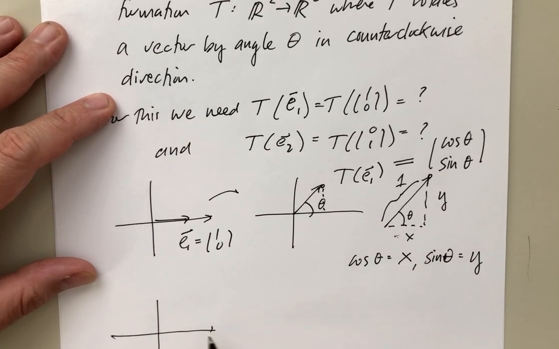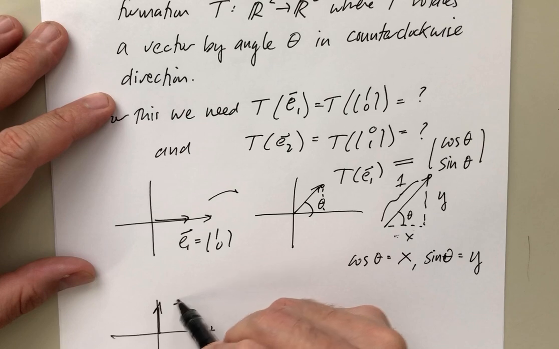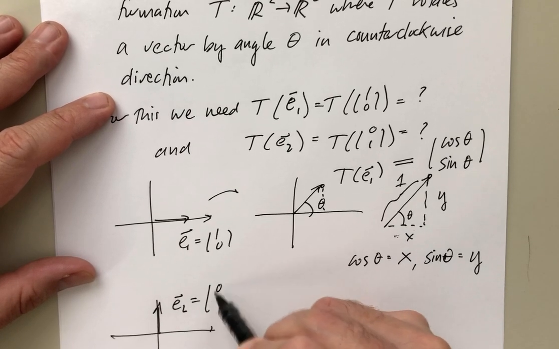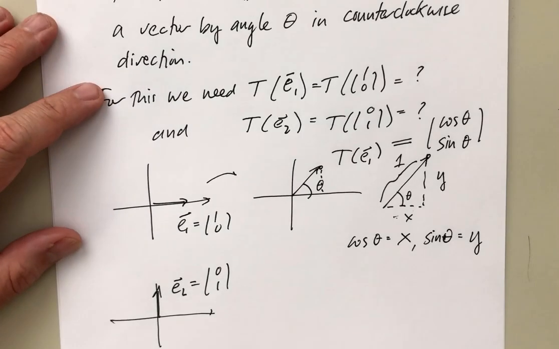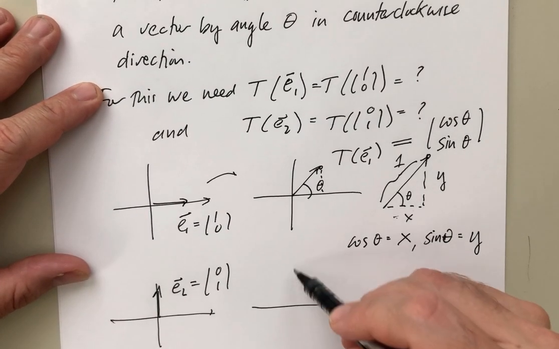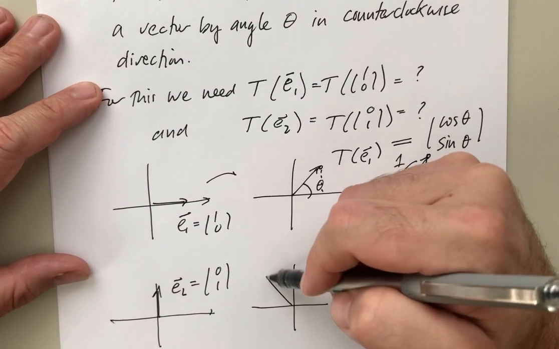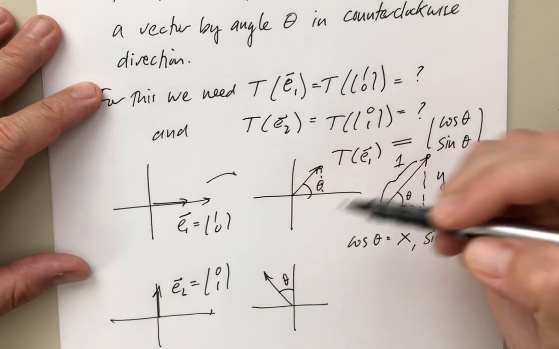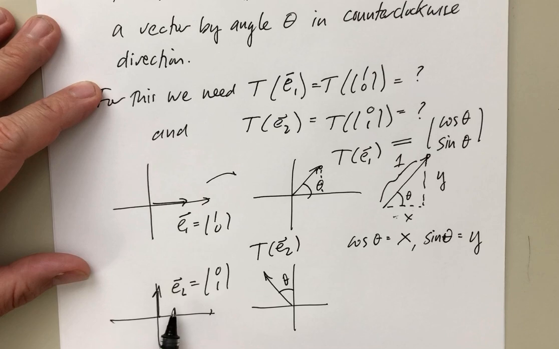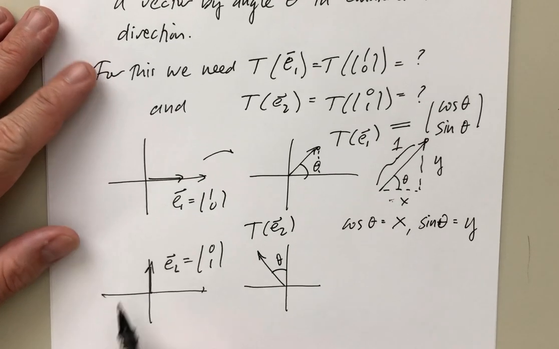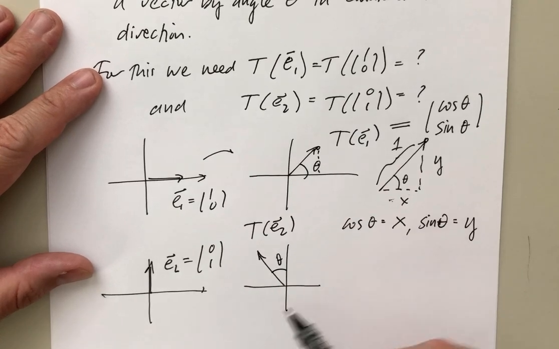Well, similarly, let's look at E2. It's going to be a little bit more involved just because we're a little bit off of the standard position of the triangle. But when I apply the transformation, this will now be theta here, and this is T of E2, because I took that vector E2 and rotated it in the counterclockwise direction by theta. So what is this?